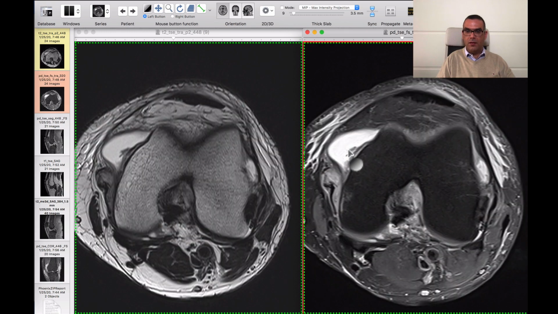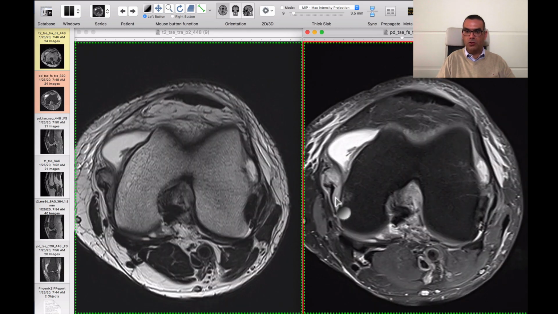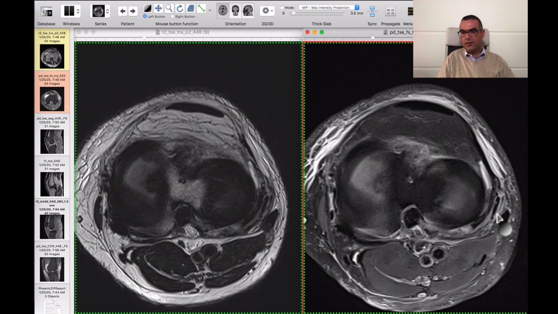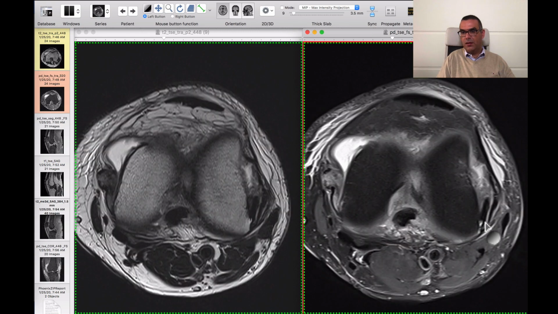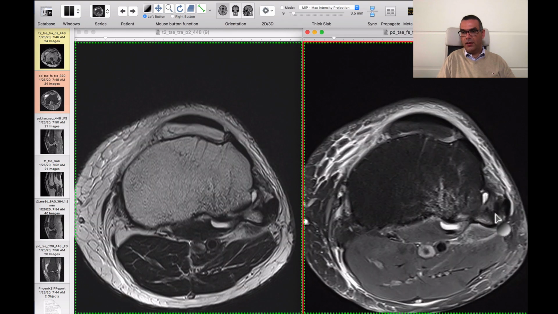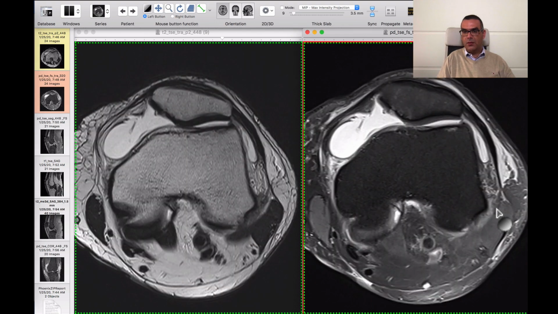So there is an injury at the medial side, but it's not primarily involving the MCL, and we have to check this again. Let's take a look at the lateral side, I'm sorry. These are the fibers of the lateral collateral ligament, and you can see them coursing from the lateral femoral condyle down to the fibular head, and you can also see there is mild fluid signal surrounding these.